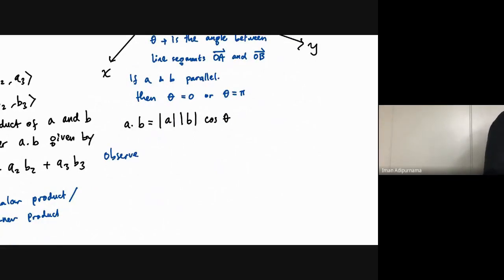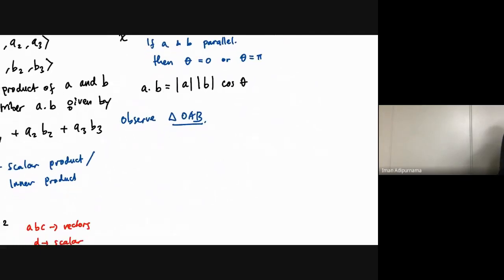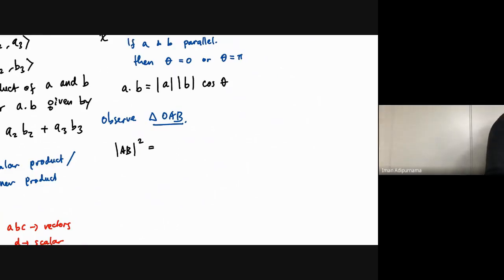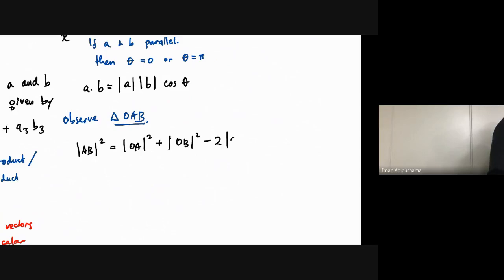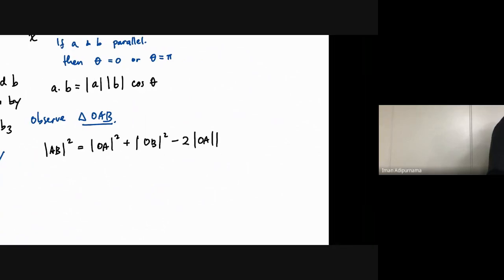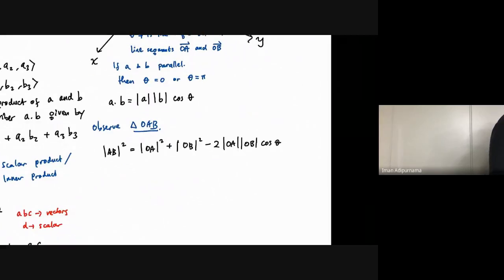Observe triangle OAB. We can write, if you remember, for a triangle, this is the law of cosine.